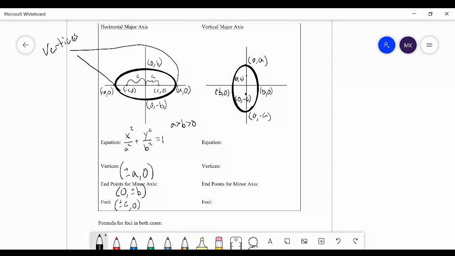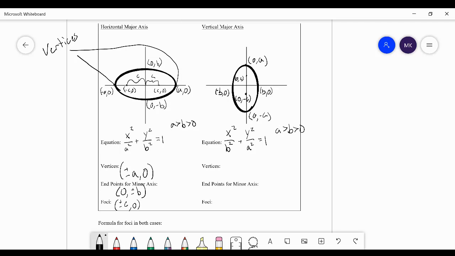Our equation here is slightly different: x squared over b squared plus y squared over a squared equals 1, and again a is greater than b is greater than 0.